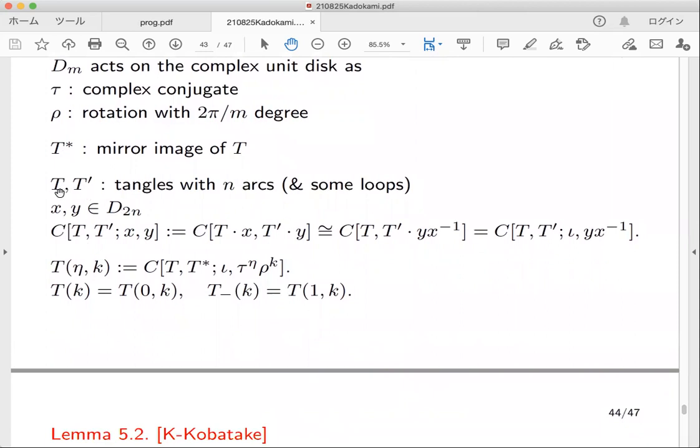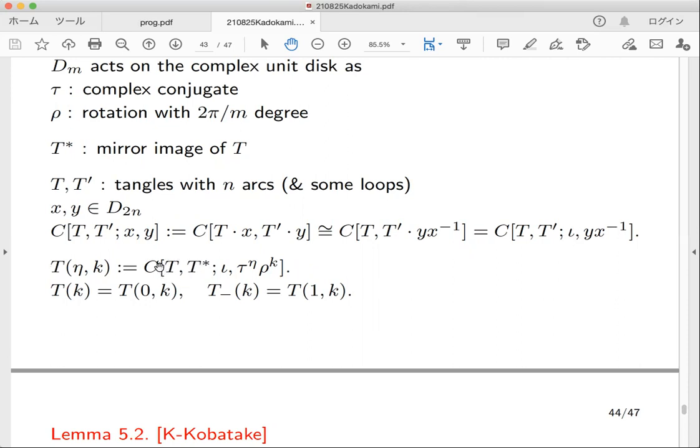Then let T and T prime be tangles with n arcs, and we take two elements x, y from the dihedral group D_2N. Then we denote like this. It implies this one, and then it is equivalent to this one. So we have what we call the normal form.